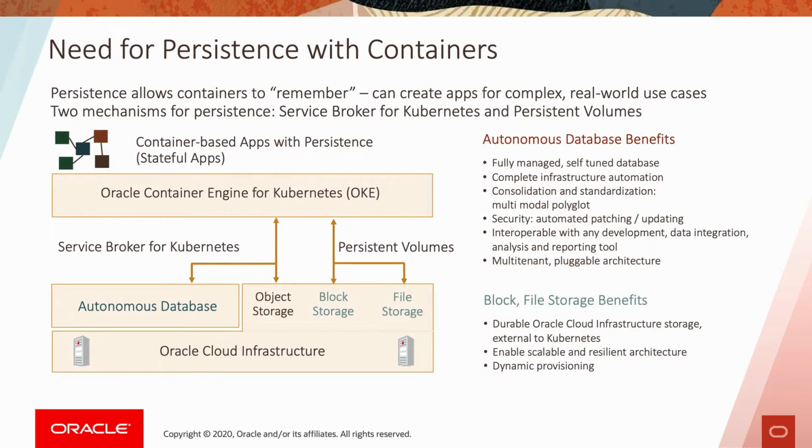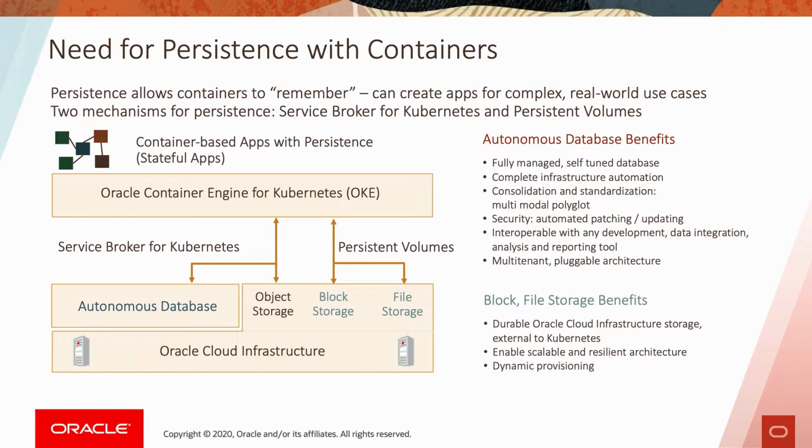Obviously, there are situations in your application where you need to have persistence. There are two types of applications, stateless and stateful. Your stateless apps do not require persistence. They're easily redeployable and easily scalable. They can be easily containerized.